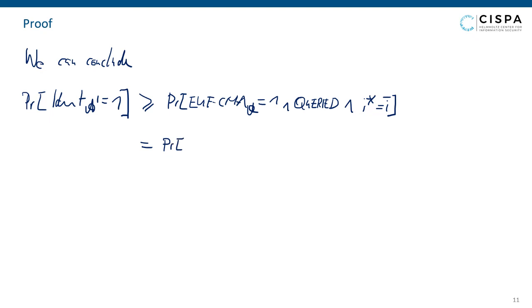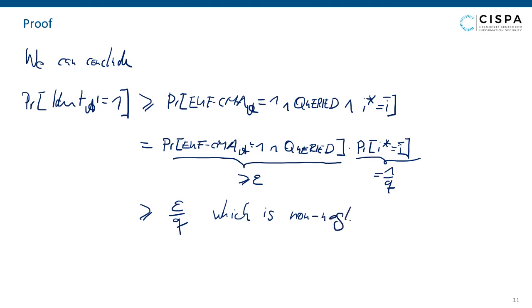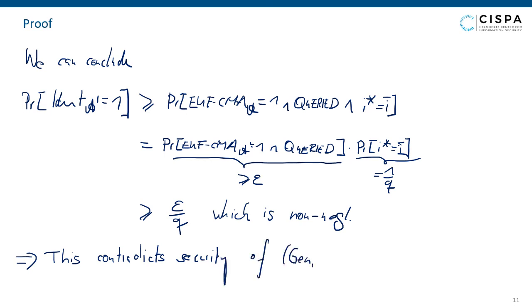So this probability is the same as the probability that EUF-CMA of A equals 1 and queried, times the probability that I_asked equals ī, but this is just 1 over Q. This we know is greater equal epsilon divided by Q, which is non-negligible, but this contradicts the security of the identification scheme. And this concludes this proof.